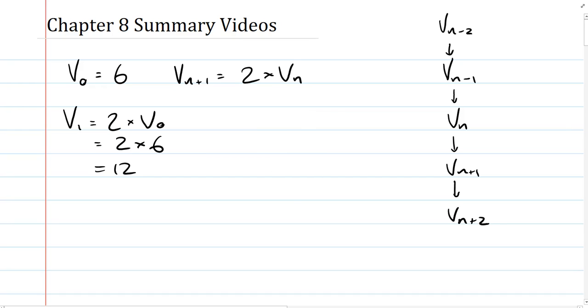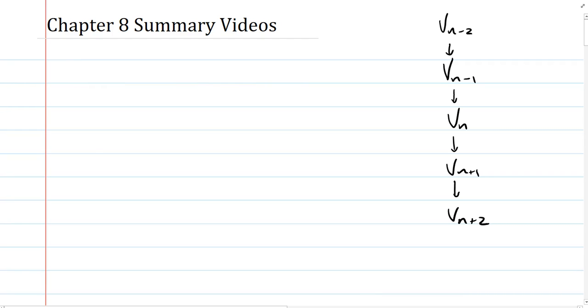Sometimes you might be given a term in the middle of a sequence and be asked to go backwards. It's not all that common, but sometimes it happens. You might be told that Vn plus 1 is equal to Vn minus 10. And then you get told that V4 is equal to 53, and they want you to find V2.